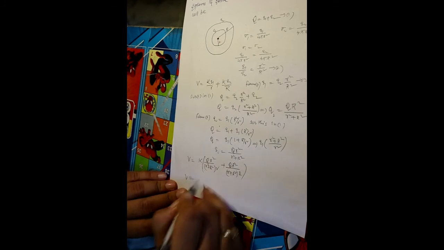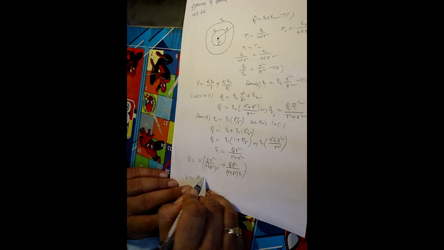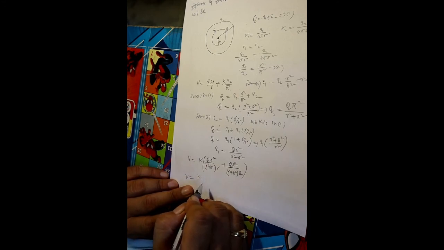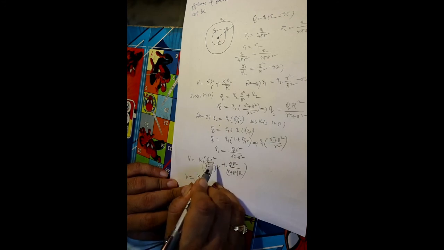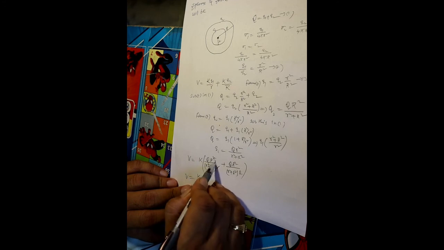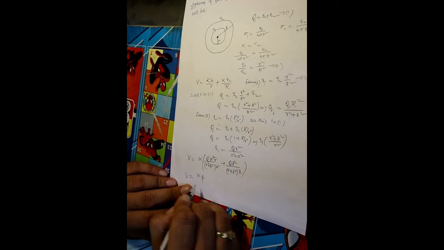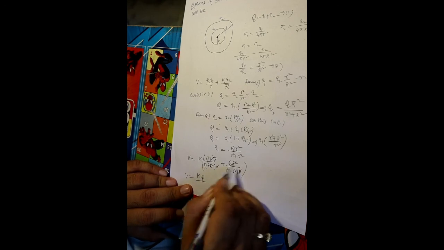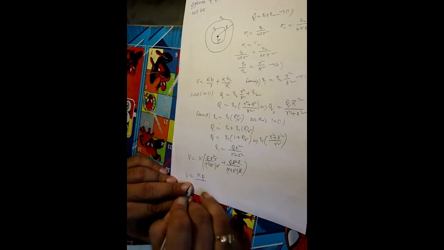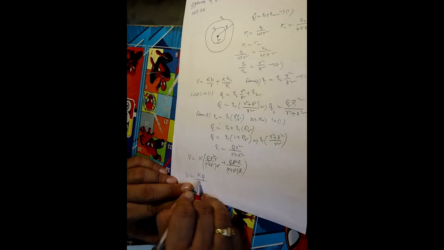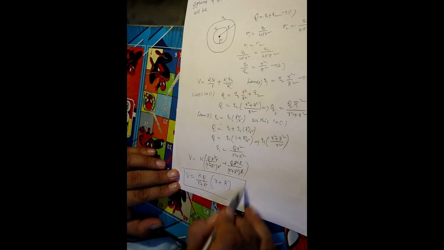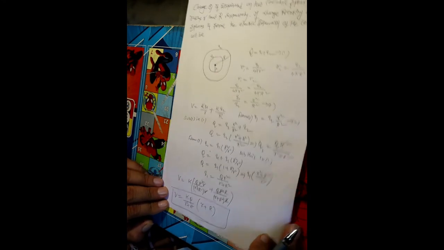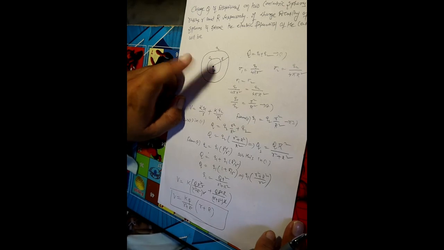Now V is equal to K into, take Q common outside, this r square cancels with r, so KQ divided by small r square plus capital R square common, what we get here, small r plus capital R. So this is the potential at the center of the spheres.